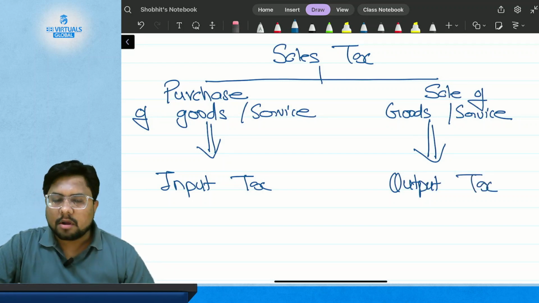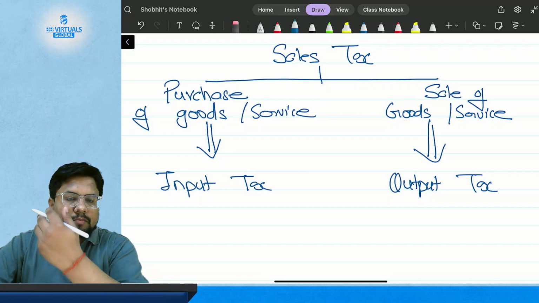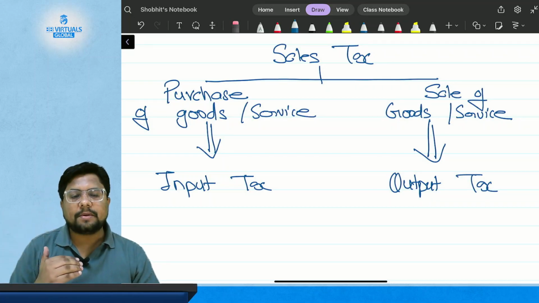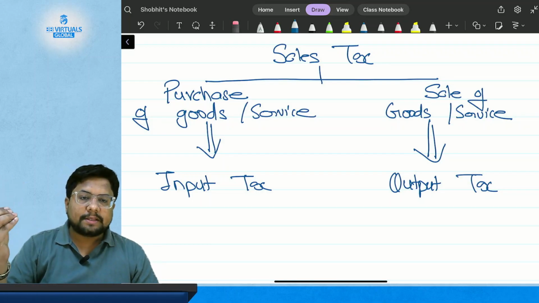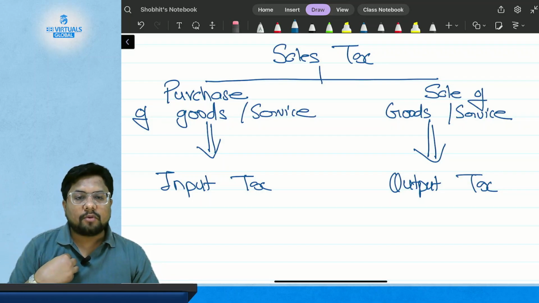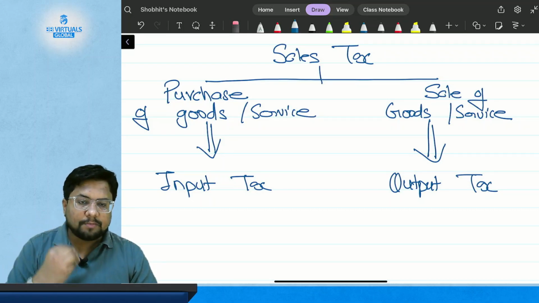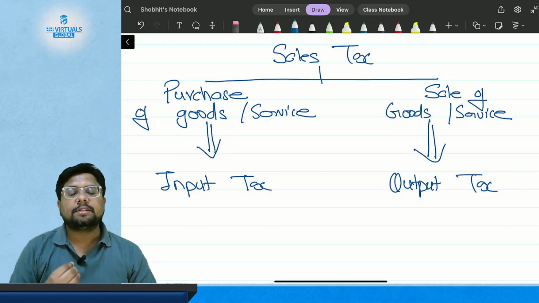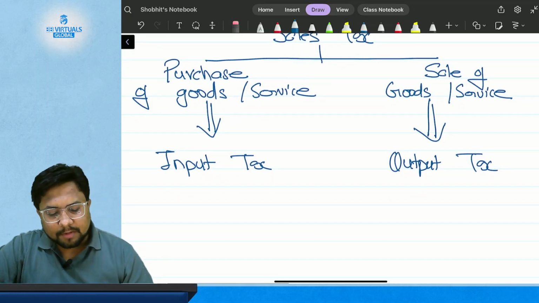So suppose I purchase goods from my supplier, he will charge tax and take the tax money from me. So it is indirect tax, hence I am paying the tax money. So it is the input tax because I have incurred this tax amount on the purchase of goods and services, hence it is input tax.